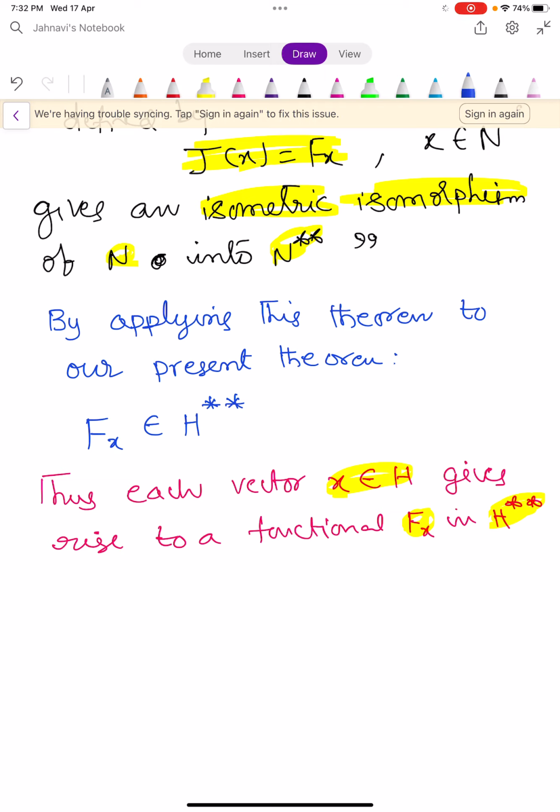And remember that here this Fx is called the functional on capital H star induced by the vector x.